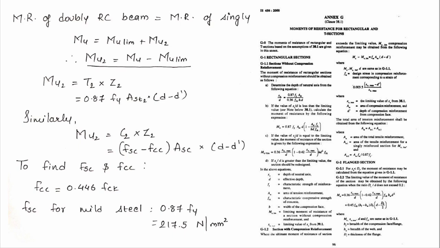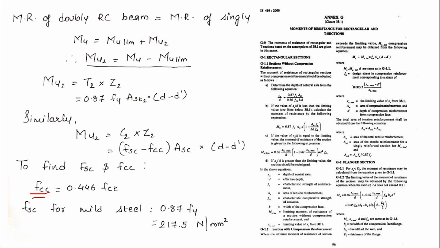Now the question arises: how to find FSC and FCC? These are the two basic things that you need to remember, because we will be solving numericals from the next video, and these things are the base to find the moment or to design a doubly reinforced section. Clear? So the first thing will be to find FCC.